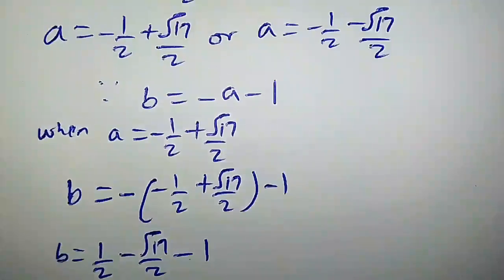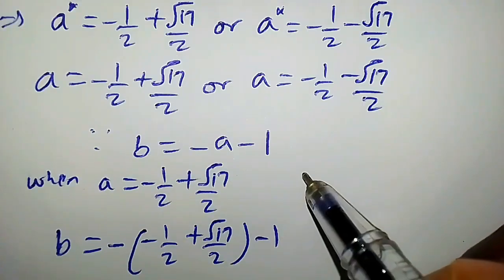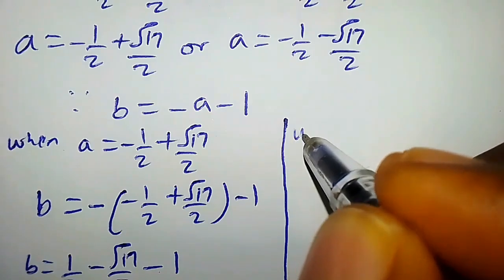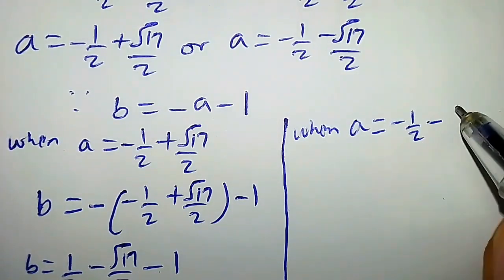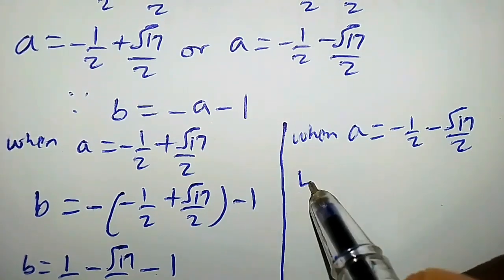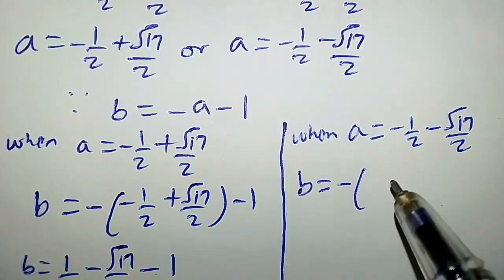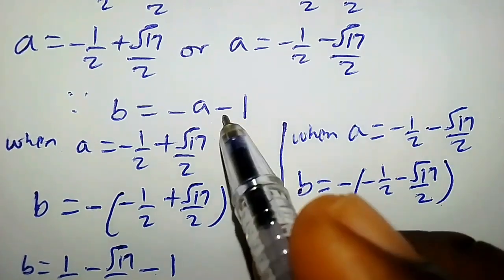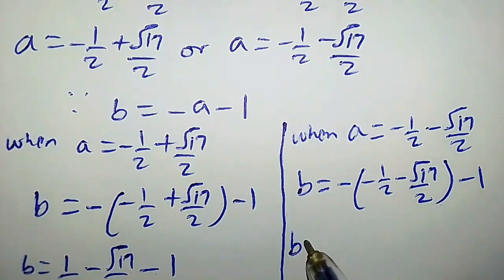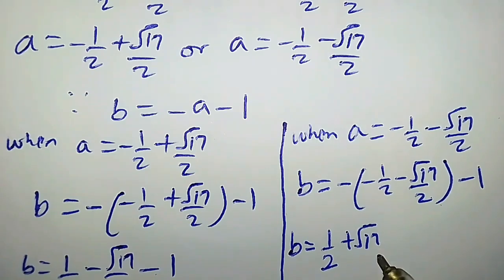Now, let us consider when A is equal to minus 1 over 2 minus square root of 17 over 2. B is equal to, plugging the value of A into this, minus into minus 1 over 2 minus square root of 17 over 2, minus 1. B equal to minus times minus half, that is 1 over 2, minus times minus, that is plus square root of 17 over 2, minus 1.